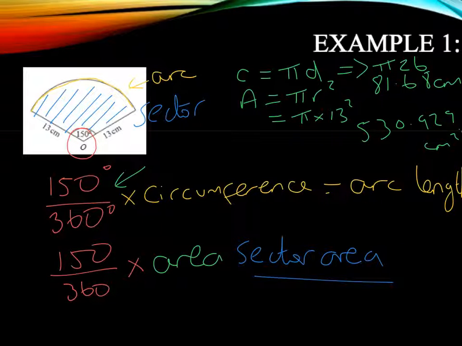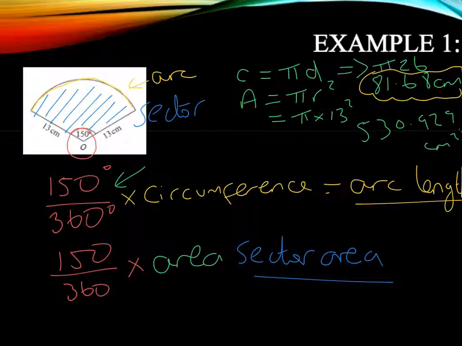Okay, so if I want to work out the arc length then, this part, I'm going to make sure I'm using this bit of my circumference. So I want the circumference, but I don't want the whole of it, I just want this proportion of it, the 150 out of 360.